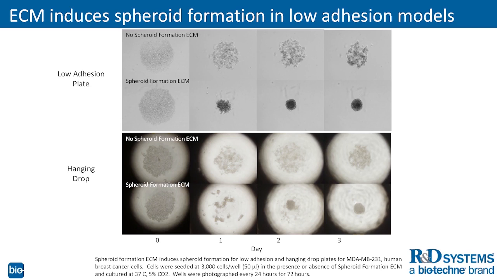Now the low adhesion plates do provide us some advantage here in that we are able to do some centrifugation to help, like I said, get the cells close in proximity and help accelerate the process, as you can see between the two models.